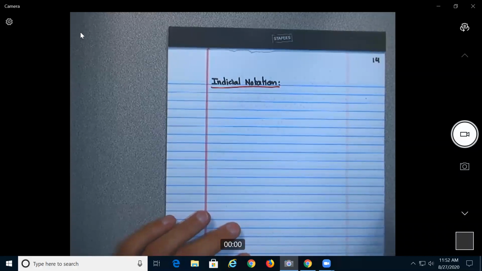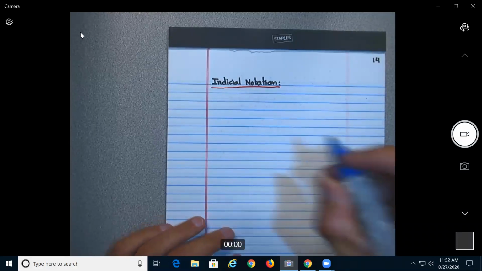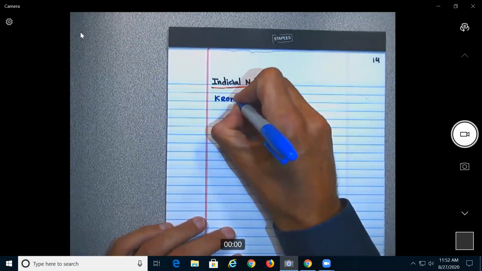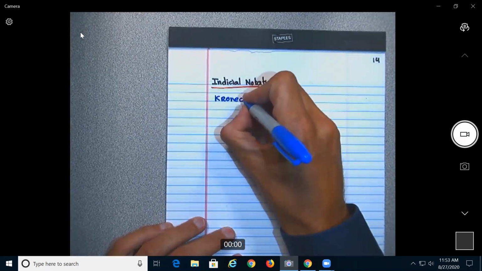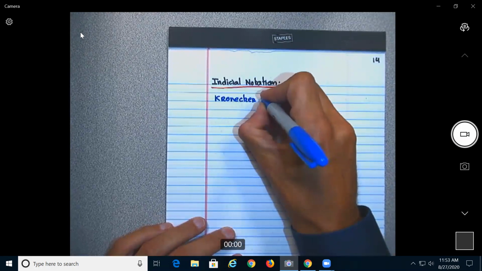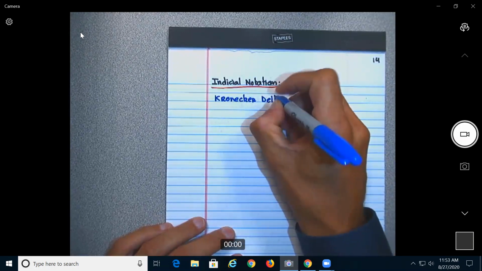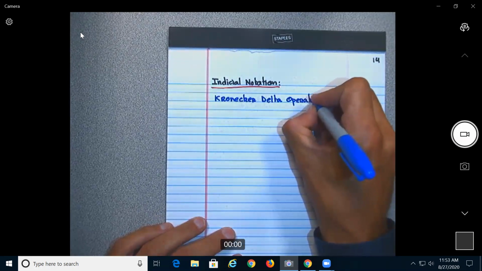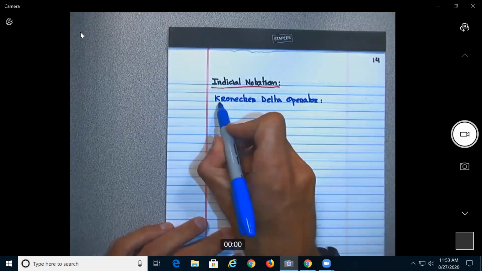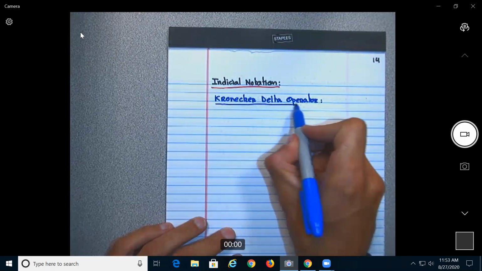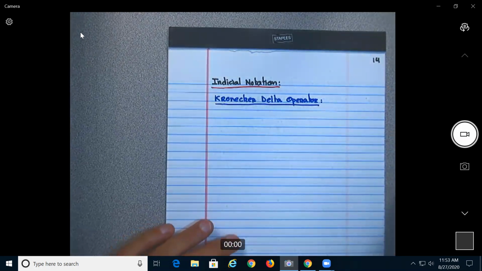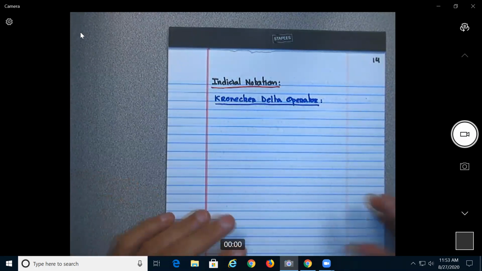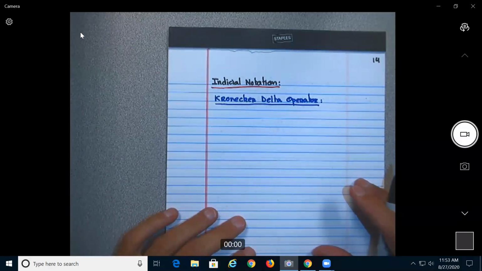Okay, so the first one we're going to look at is something called the Kronecker delta operator. Okay, and this one is pretty simple. It's based basically on rotation of the coordinate axis.